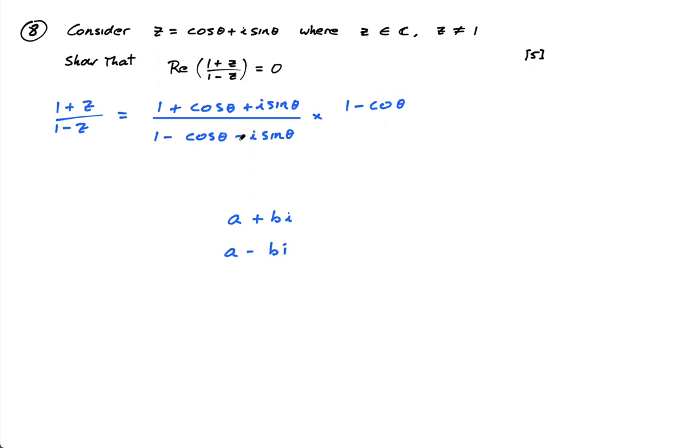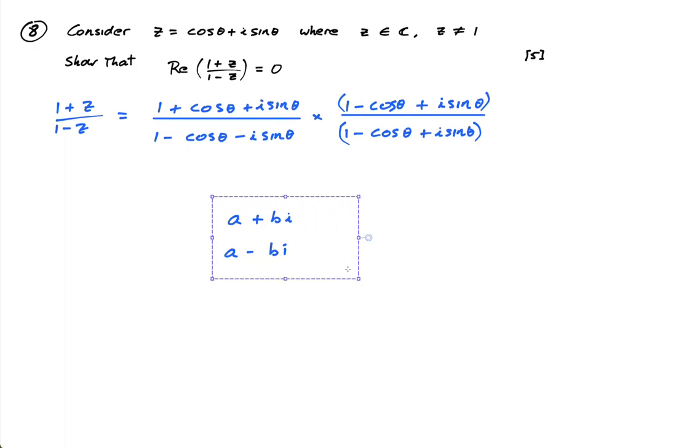But instead of the minus bi, the complex conjugate would be plus bi, which is i sine theta. So I'm multiplying above and below by the complex conjugate of the denominator. So this has to be exactly the same as that. Okay, and it's that multiplied by this multiplied by this. Okay, that's the first step.